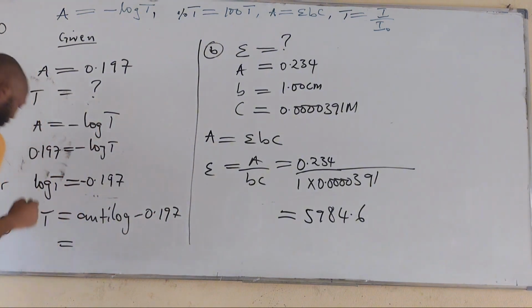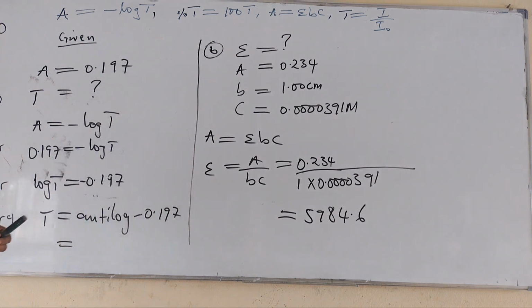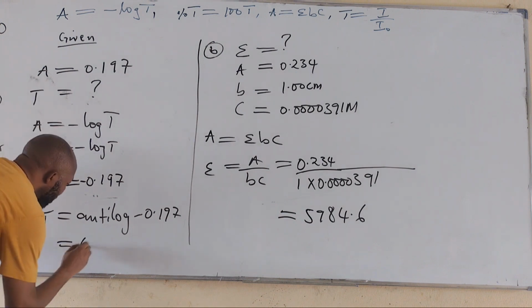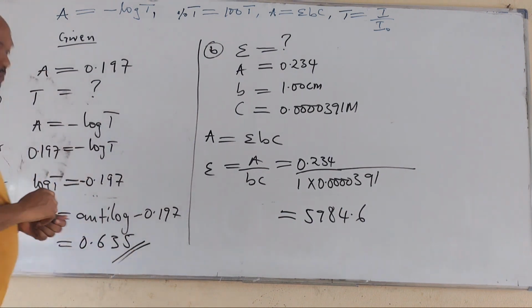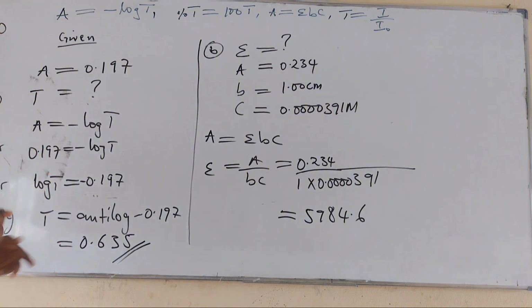And this is equal to, okay, the second function log, minus 0.197, 0.635. So that's it, and that's that.